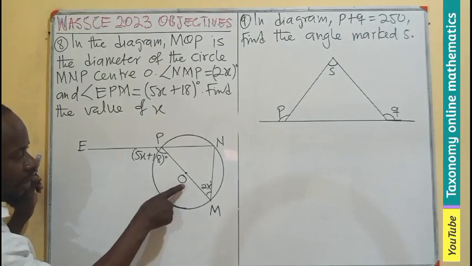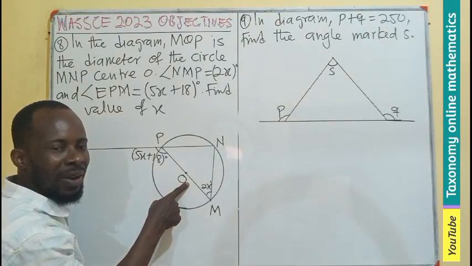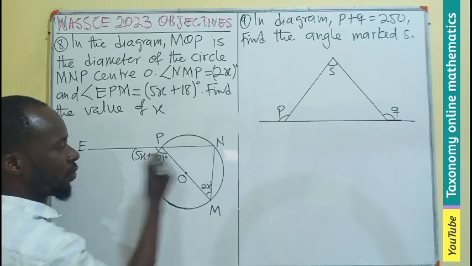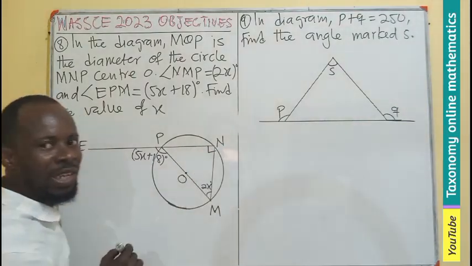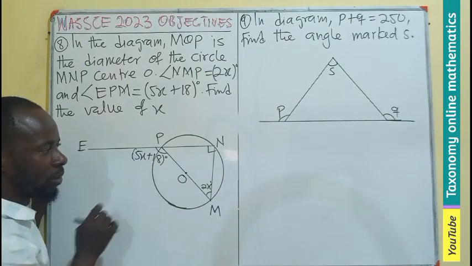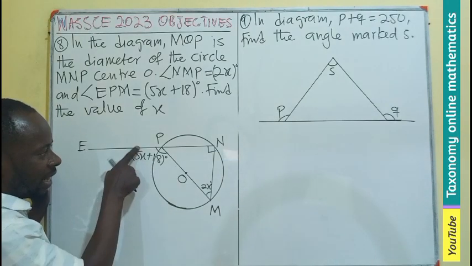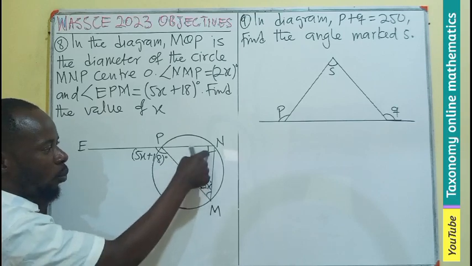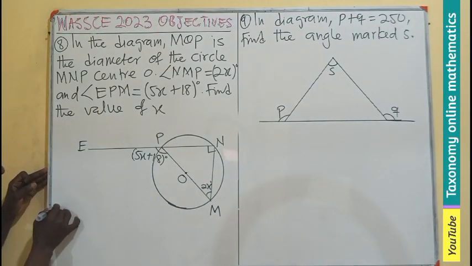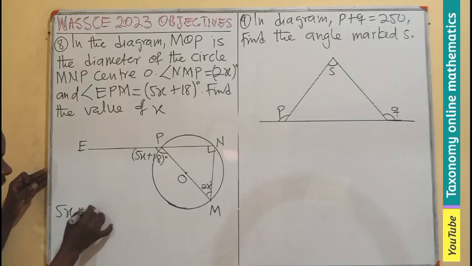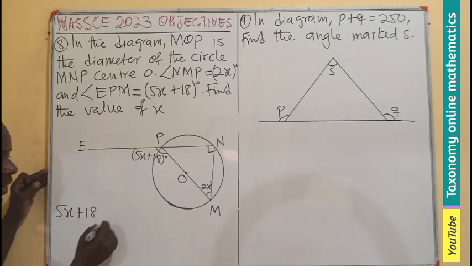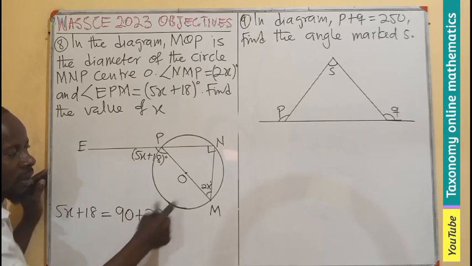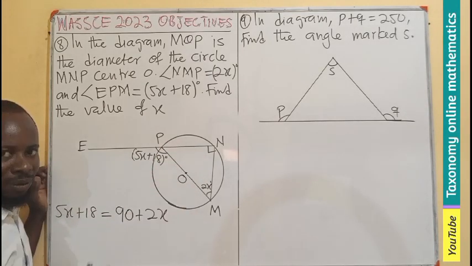The moment we have been told that this is a diameter, it means the angle subtended by a diameter at the circumference will be 90 degrees. So plane geometry will come into play here. The exterior angle equals the sum of the 2 opposite interior angles, meaning 5x plus 18, being the exterior angle, equals 90 plus 2x, which are the 2 interior angles.